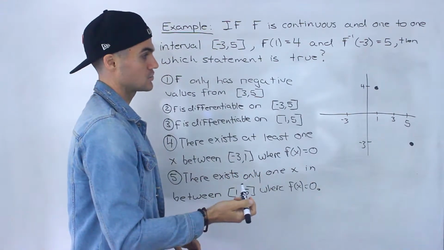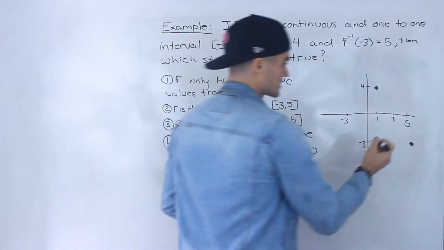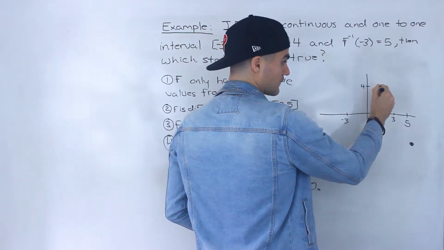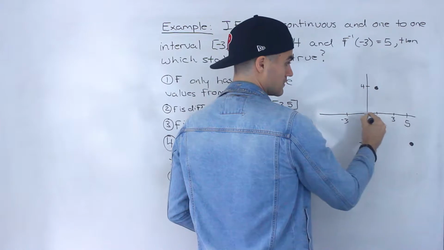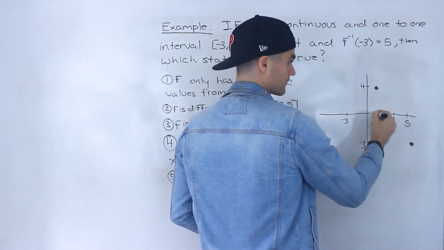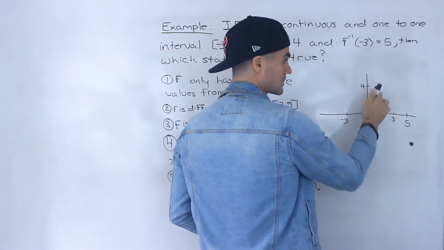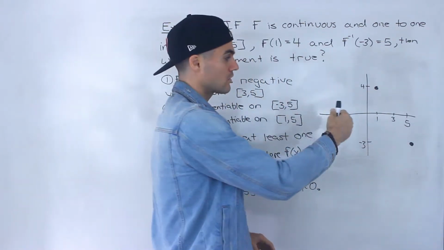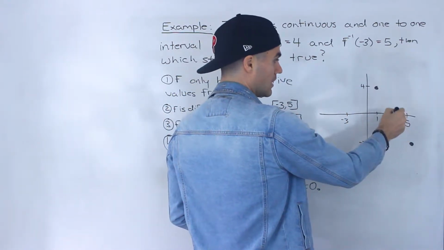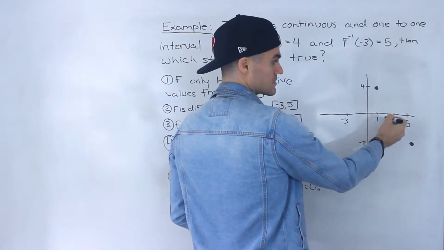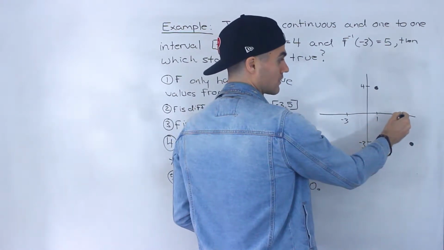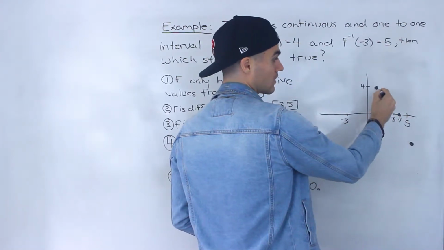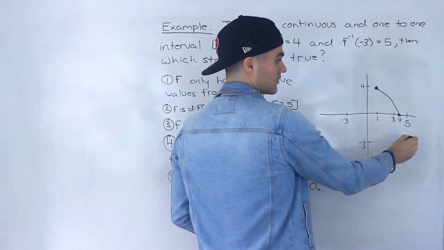And that's not necessarily true because we don't know. We know that this function has to cross the x-axis between 1 and 5, because we have a point here, we have a point here. So by the intermediate value theorem, it's got to cross at some point, but we're not told when it's going to cross. It could maybe even cross over here, right, between 3 and 5. Let's say it crosses at 4, right?